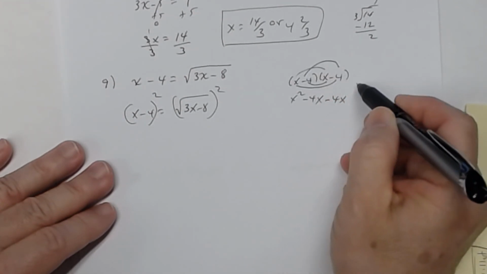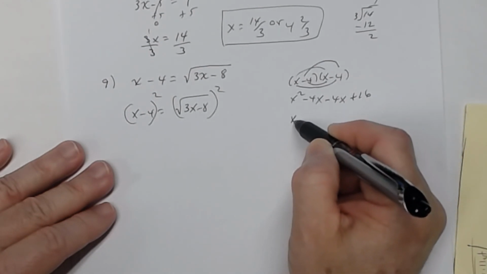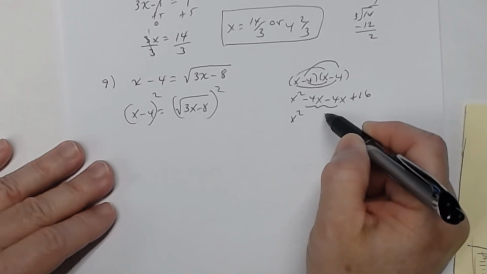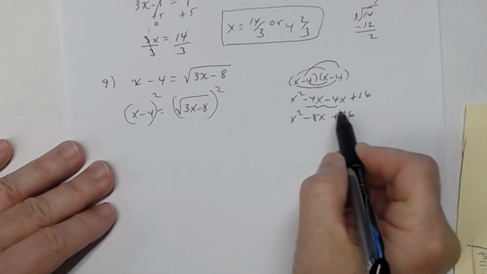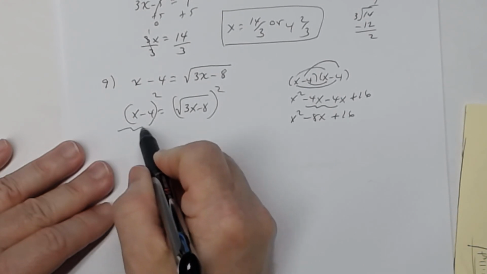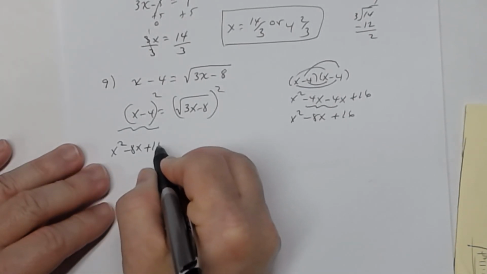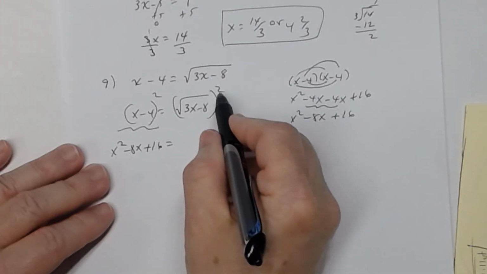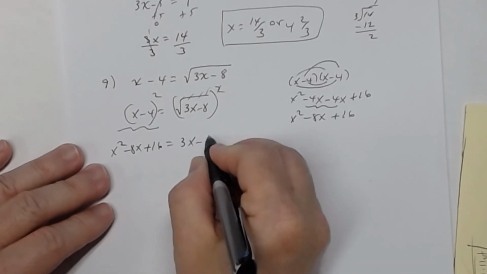And then a negative 4 times a negative 4 is a positive 16. Combining like terms, I get x squared, and a negative 4x and a negative 4x is a negative 8x, plus 16. So that becomes x squared minus 8x plus 16 equals. And then over here, the square and the square root undo each other, so you get 3x minus 8.